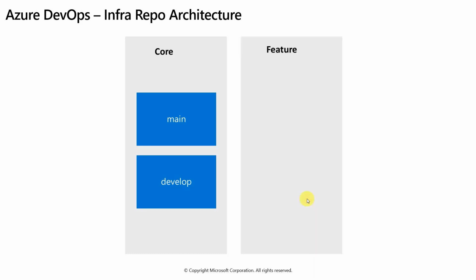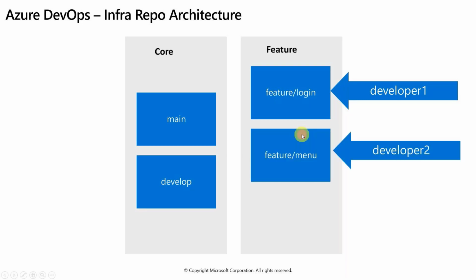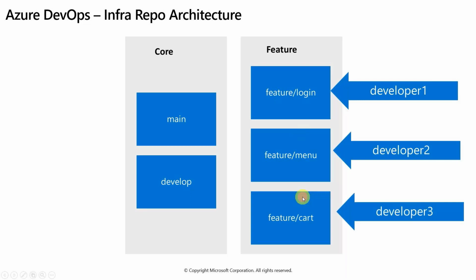So they create feature branches. The first developer's responsibility is creation of the login feature. So developer 1 creates feature/login. Feature is a folder here, because he or she wants to write code for login. That person will create this branch. Similarly, the second developer creates another feature branch called menu, and one more person creates shopping cart.